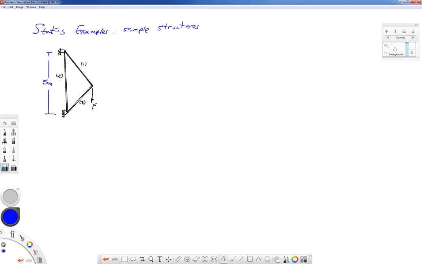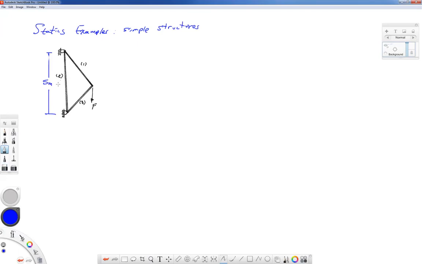Now, in order to do an example, I need to put in some numbers, and I would encourage you to put your own numbers into these kind of problems as well and work it out. You can bring it to me, and I'll take a look over it. So I got one number here. Let's say that from the top to the bottom of the structure is 5 meters. I'm just going to make up a few more numbers.